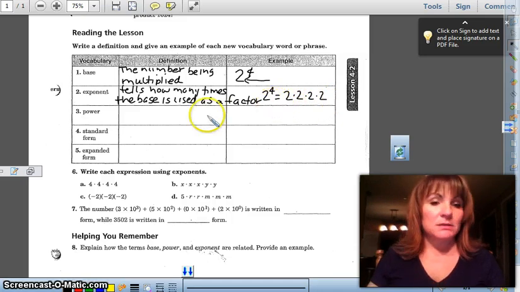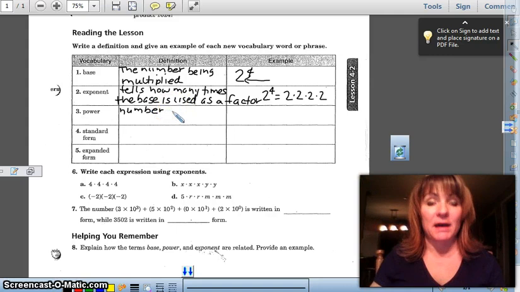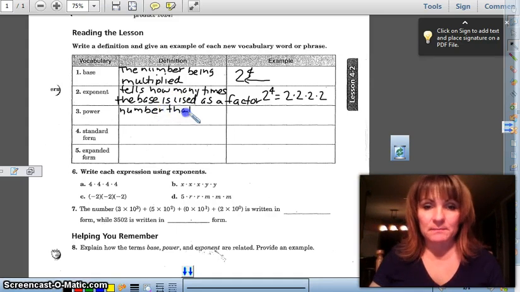All right, so a power itself is just the number that can be expressed using an exponent. So that 2 to the 4th power is actually a power. It's called a power.